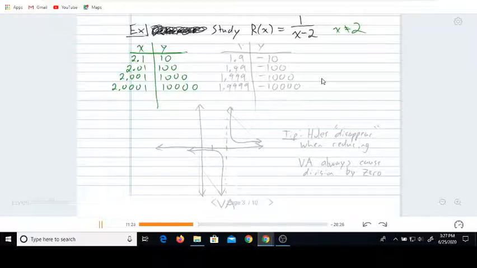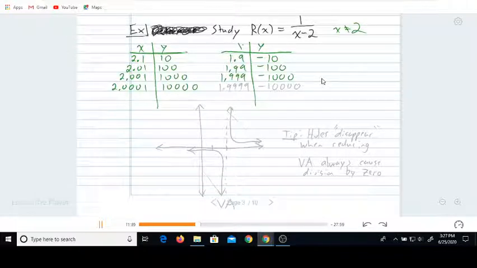Now, we can also approach 2 from below. So, what about 1.9? If you need to, go ahead and press the pause button, type that into your calculator, you punch it in, and you're going to get negative 10. And what about 1.99? Well, then you'll get negative 100. 1.999, well, you get negative 1,000.